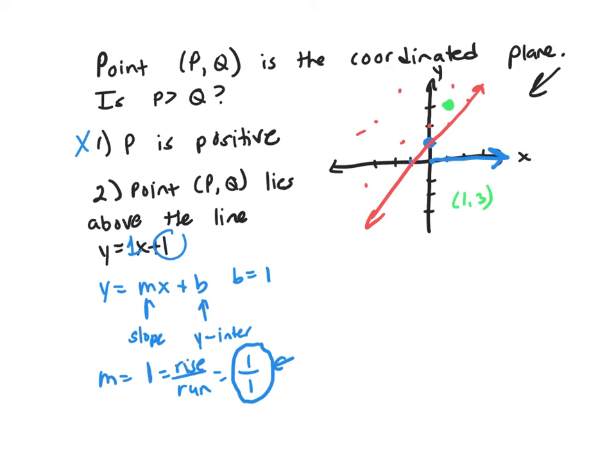No. Alright, let's go over here. That point right there is -1, 1. Is P greater than Q? No. So can I answer the question? Yes. That's enough information, so the answer is B.